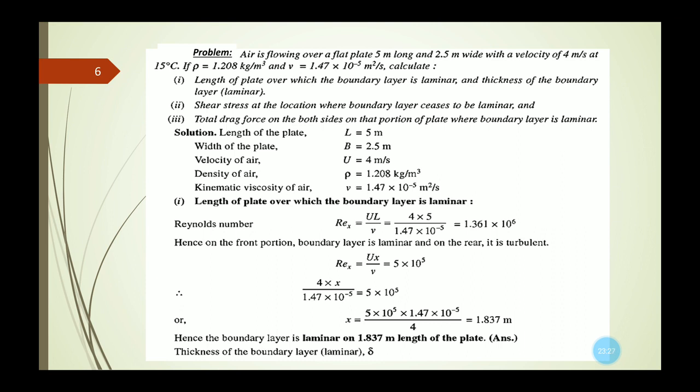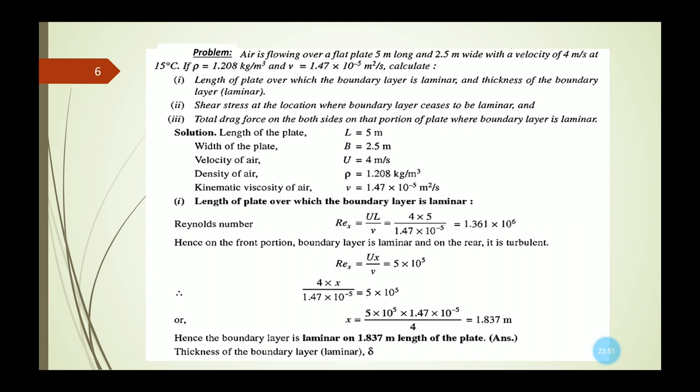There were two different values of Reynolds number. One was the lower critical value of Reynolds number and another was the upper critical value of the Reynolds number. So we have considered that upper critical value of Reynolds number up to which the boundary layer is laminar, and from that relation of this Reynolds number we have calculated the length of the plate up to which the boundary layer is laminar.